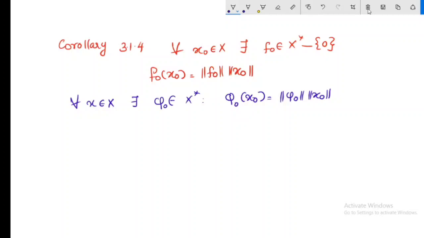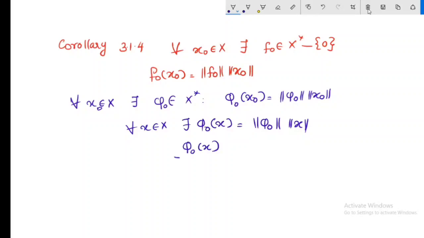Now here, for every x0 belongs to X, that is for every x belongs to X, there exists a ψ0 belongs to X* such that ψ0(x) is equal to norm of ψ0 times norm of x. Now if you consider ψ0(x) divided by norm of ψ0, what we get?